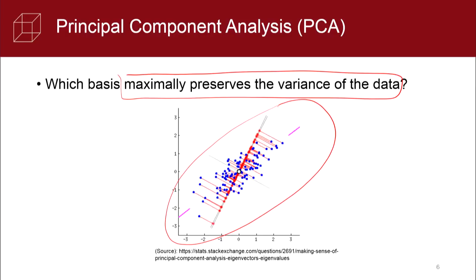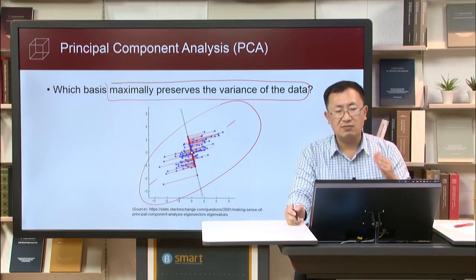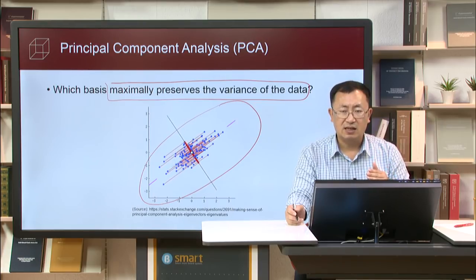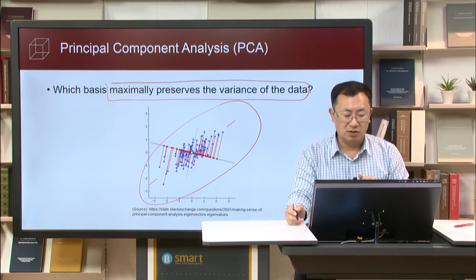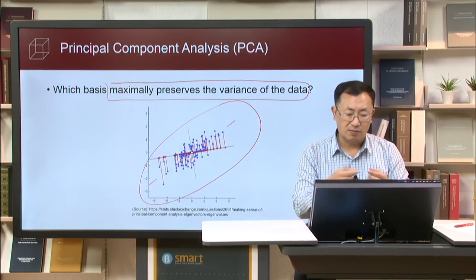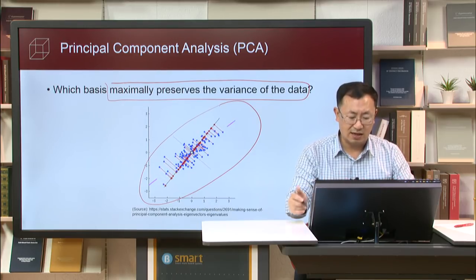Through PCA, we try to achieve the maximum variation of the data. So we'd like to have the maximum variance in the data distribution among the projected values, in other words, the red dots on this line.